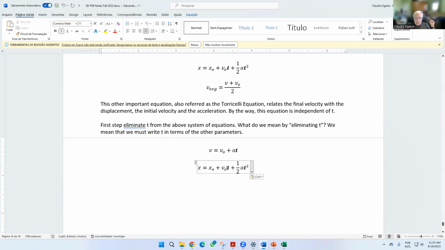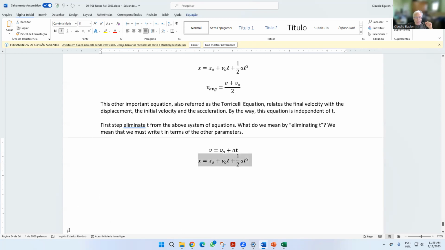I can either write down t in terms of a second order equation, right? Remember? ax squared plus bx plus c equal to 0. We solve for x, we get the square root. Or we do something simpler.